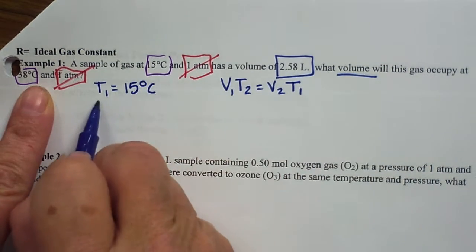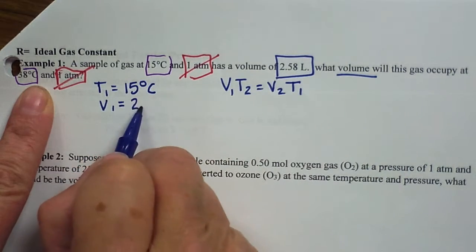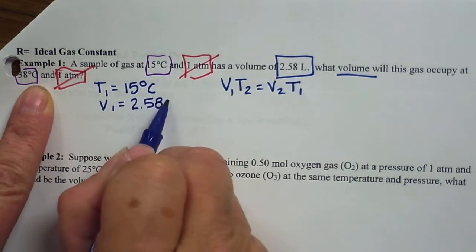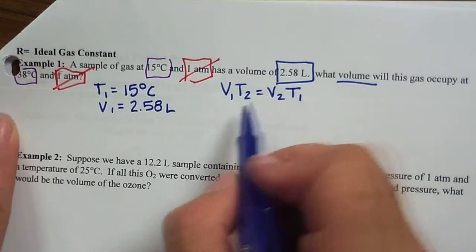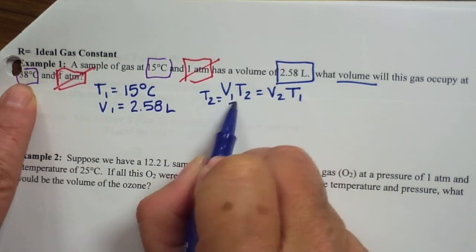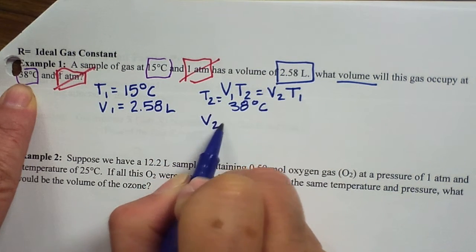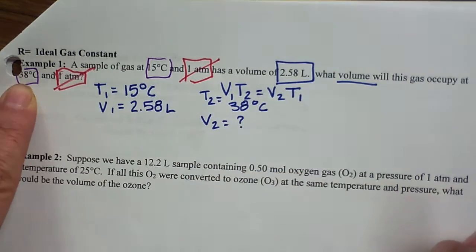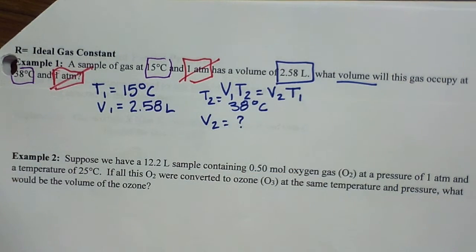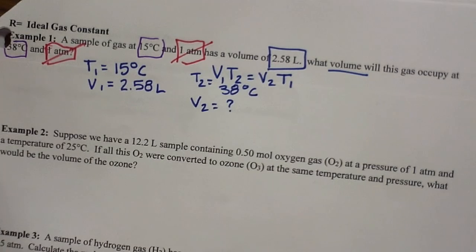My volume 1 is equal to 2.58 liters. My temperature 2 is equal to 38 degrees Celsius. My volume 2 is what I'm looking for. Everybody okay? Now I need to put my temperatures into Kelvin.